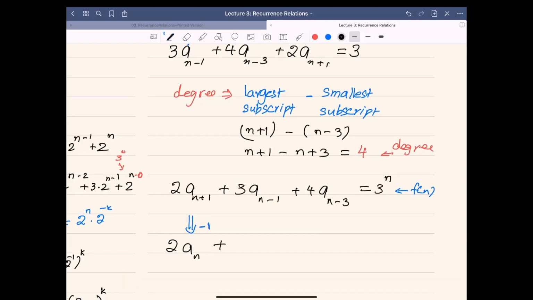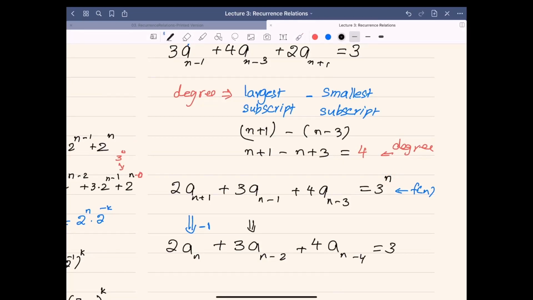For the next one, a_{n-1} becomes a_{n-2}, so it will be 3a_{n-2}. And for the last one, 4a_{n-4}. And don't forget, you have to make the corresponding changes to any occurrence of n in the function f(n).